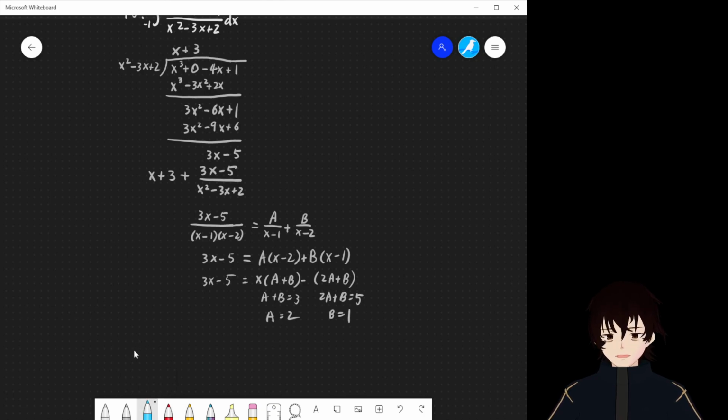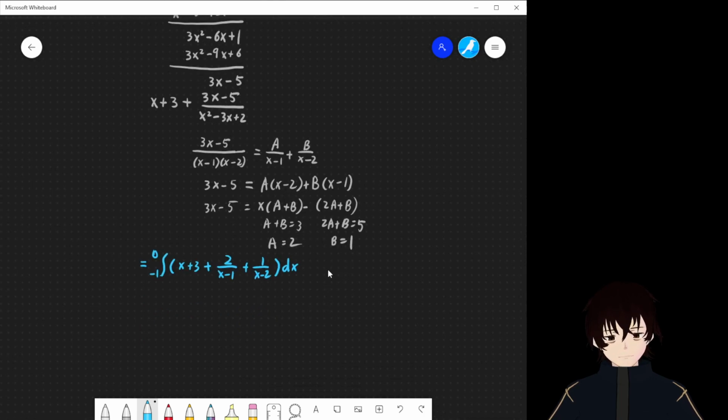Now we can finally rewrite our integral. The integral from -1 to 0 of x plus 3 plus 2 over x minus 1 plus 1 over x minus 2 dx.